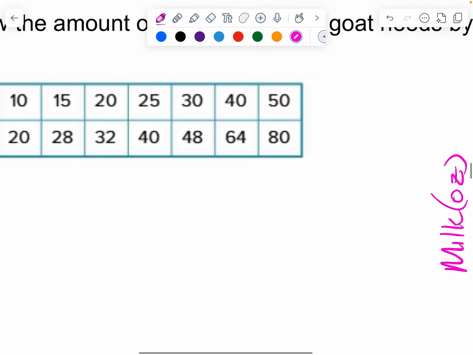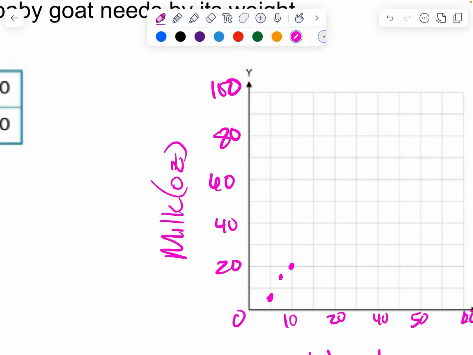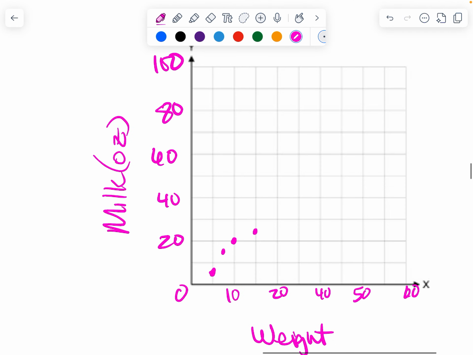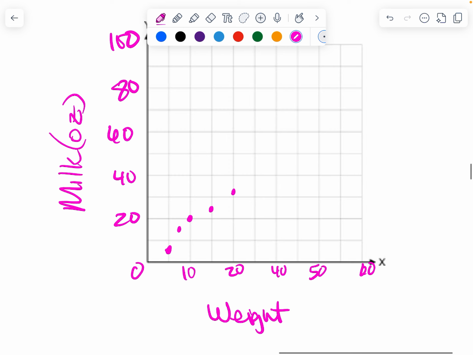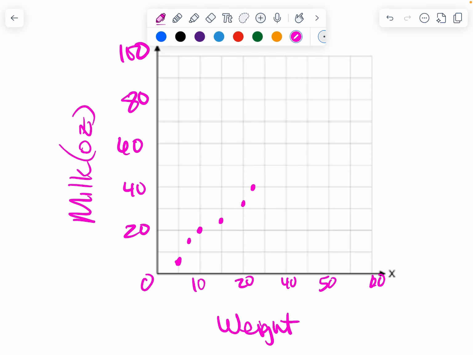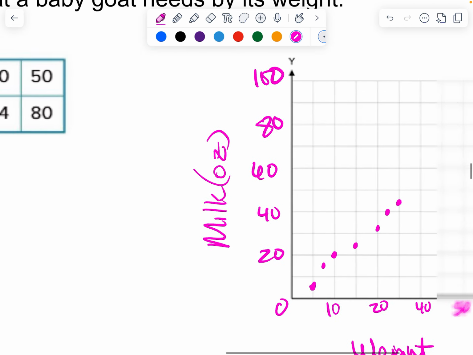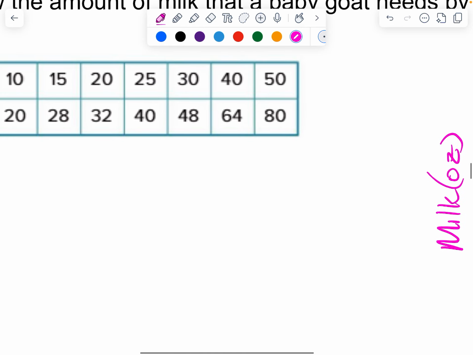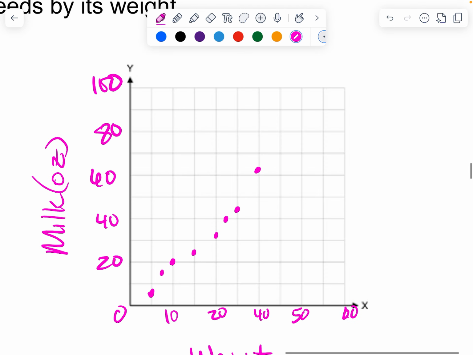And then 15 and 28. 20 and 32. 25 and 40. 30 and 48. 40 and 64. And 50 and 80.